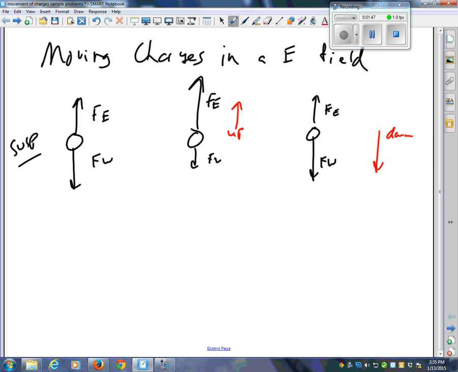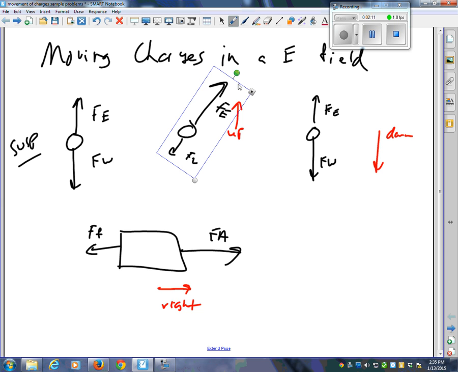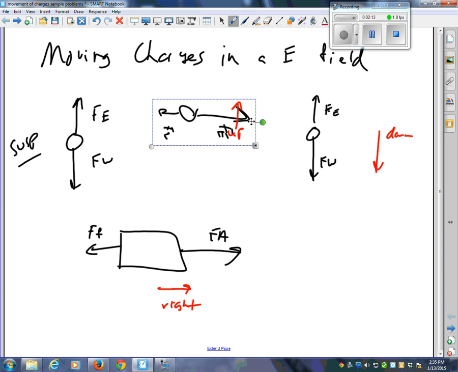Now, I want to point out that you have done questions like this before. When we had an applied force to the right that was greater than the friction force to the left, which way did it move? There was a net force to the right. This is no different. The only difference is it's up and down instead of left and right.